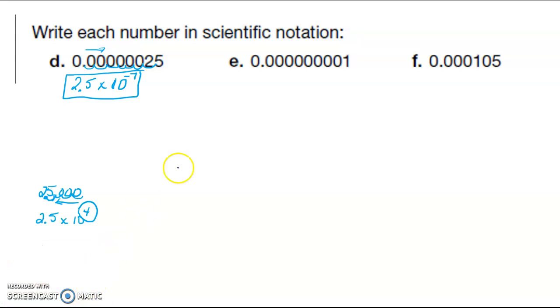Here I put the decimal point right behind the first number that's not 0, so 1.0 times 10 to the -9th. And then here I put the decimal point right behind the 1, so we keep the 1.05 times 10 to the negative 4.